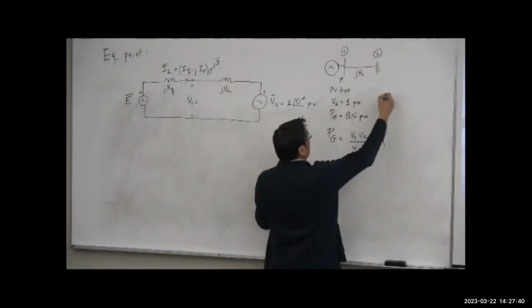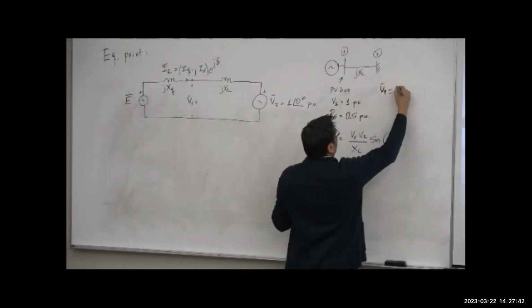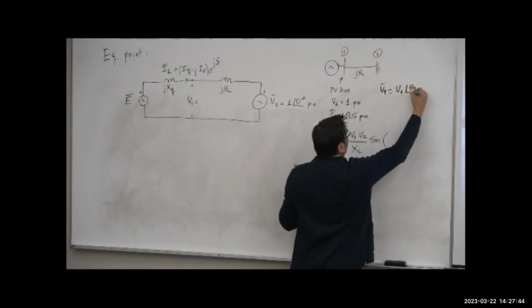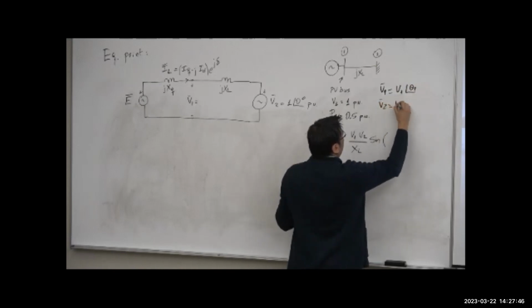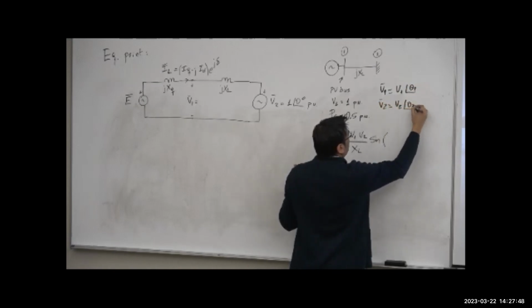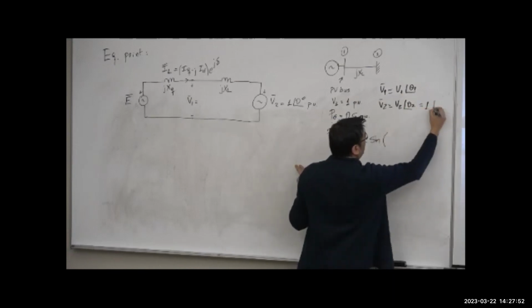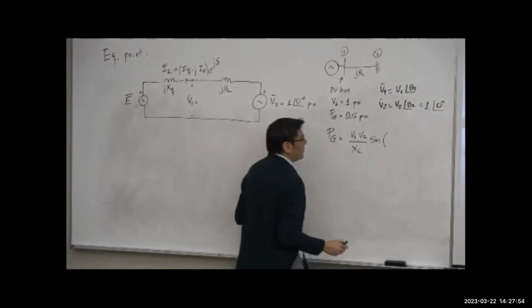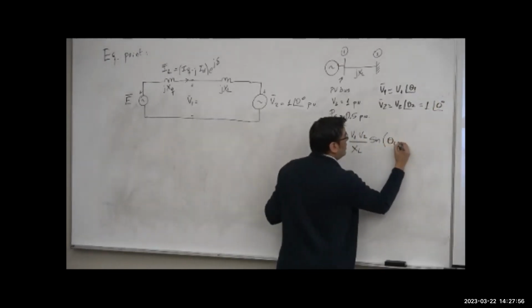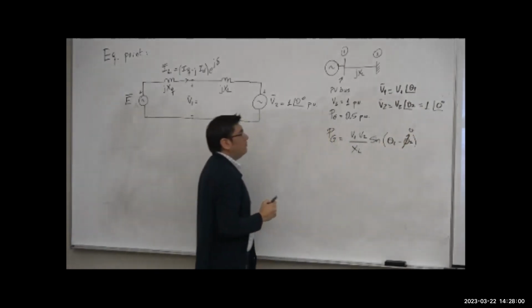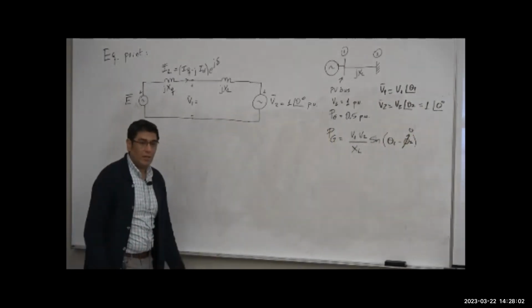So let's call these V1 is V1 angle theta 1. V2 is V2 angle theta 2. But we know this is the slack bus. V2 is 1 and theta 2 is 0. So basically, this is theta 1 minus theta 2. But theta 2 is 0. That's how we do it.